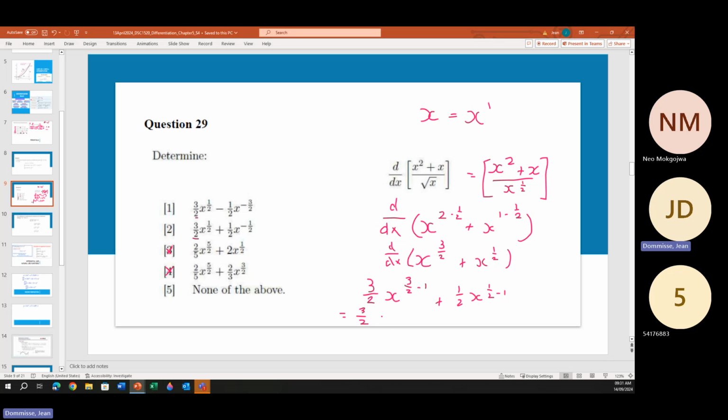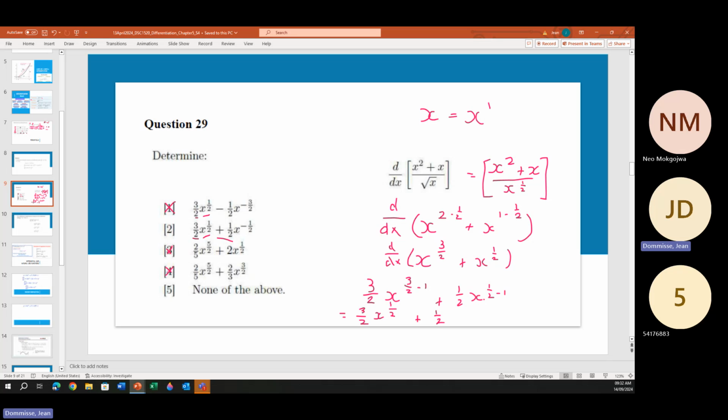So let's look. 3/2 minus 1 is a half. Okay, x to the half, x to the half. So those two are still correct. Then again, it's plus a half. So there plus a half, not minus a half.